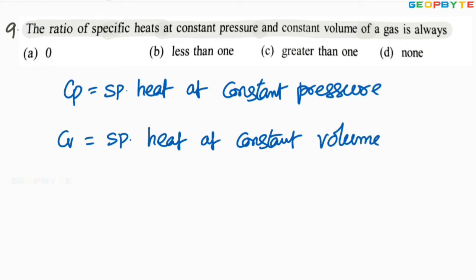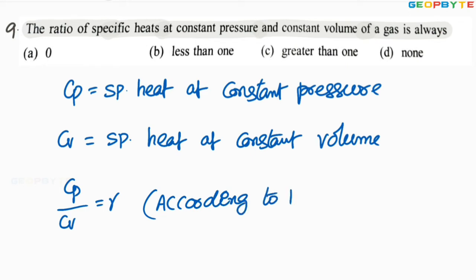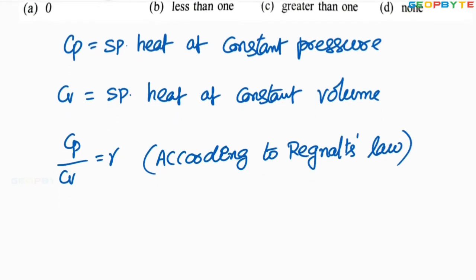And remember, Cp by Cv is equal to gamma, according to Regnault's law.